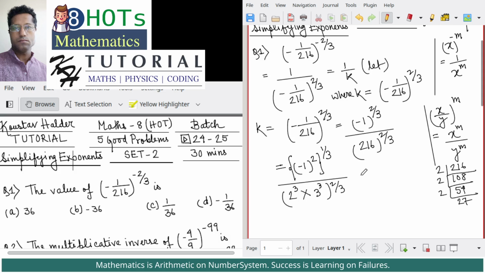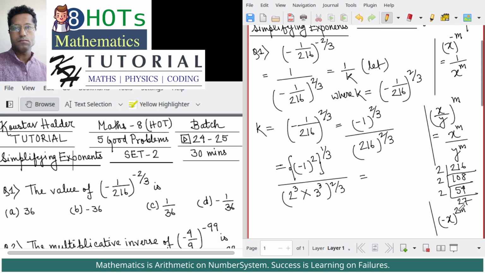Okay, so now this becomes, in the numerator, (-1) square. So (-1) square is always 1. Any negative base raised to any even power, that is twice m, is even. Now it could be negative even or positive even. Irrespective of whether m is negative or positive, twice m is an even integer.